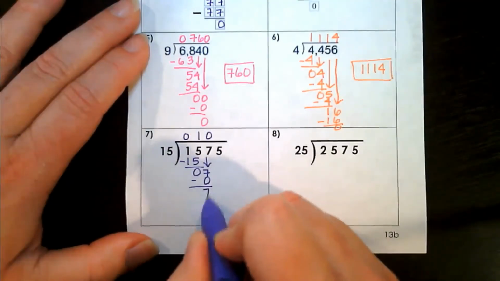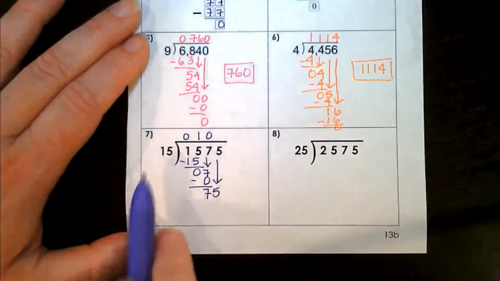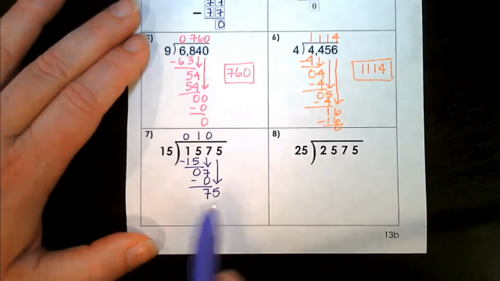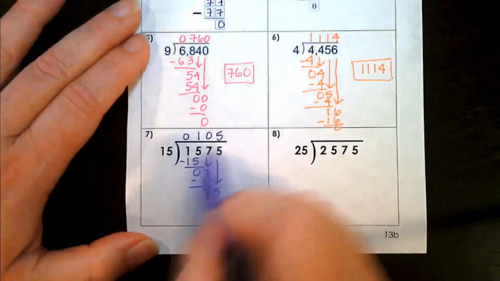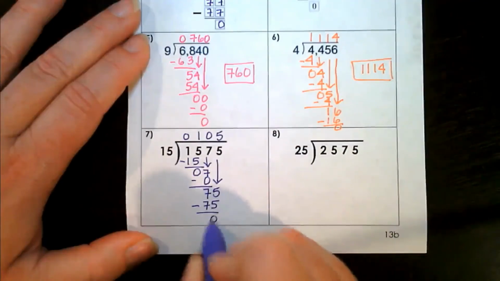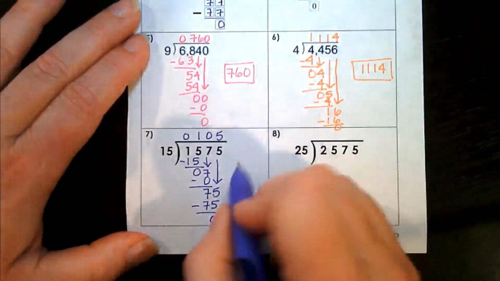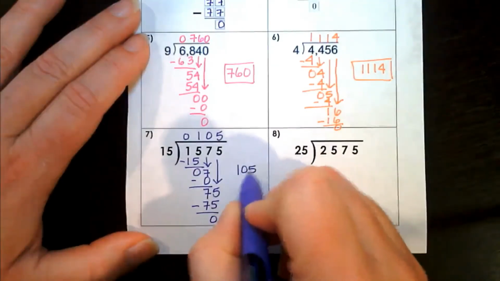When I subtract, I still get 7, but now I get to bring down the 5. 15 goes into 75 5 times. 5 times 15 is 75. When I subtract, I get a 0. Remember, we don't include the zeros that happened before our number in our final answer, so the final answer is 105.